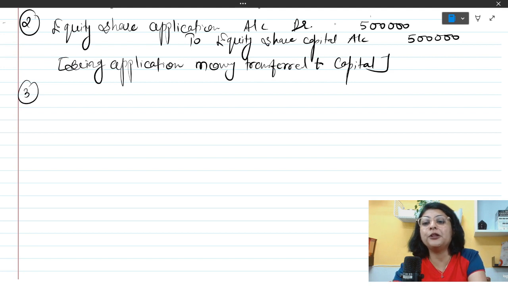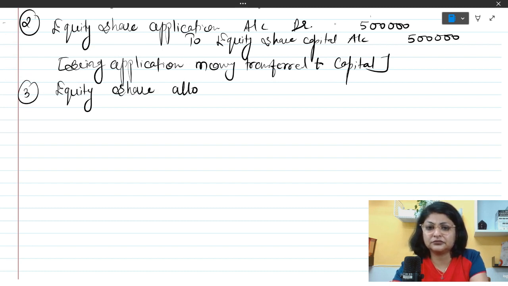Okay, so be careful. Here we are going to write equity share allotment account debit to equity share capital.